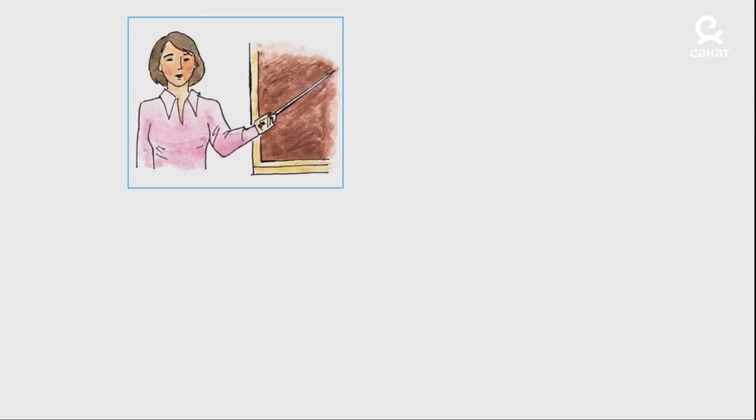Look at this picture. Here is the teacher. What does the teacher say? Right. Look at the blackboard. Once again, look at the blackboard. Great. How many words are there? Yes, there are 4 words.